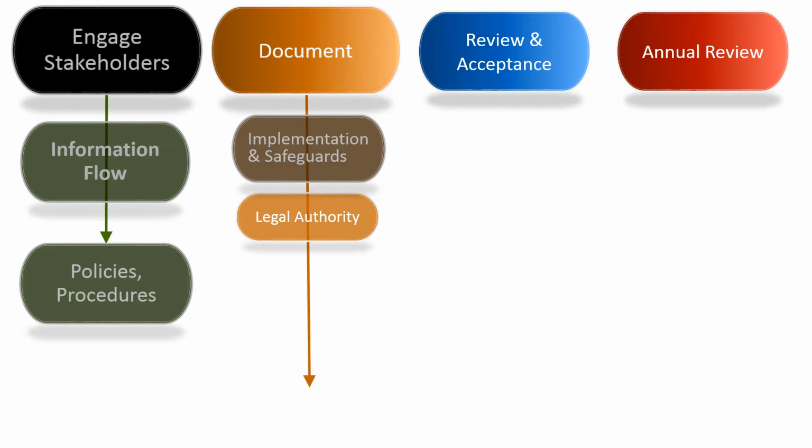PIPA legislation, the Personal Information Protection Act, includes employee and business information, and that may be part of our information flow as well. So we need to take a look at the legal authority and then actually link the correct section of that legal authority to each of the steps in the information flow and our processes in this new project.